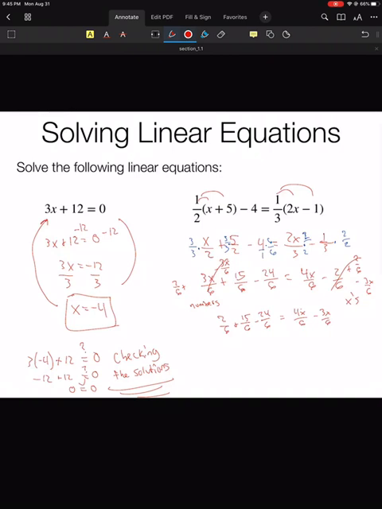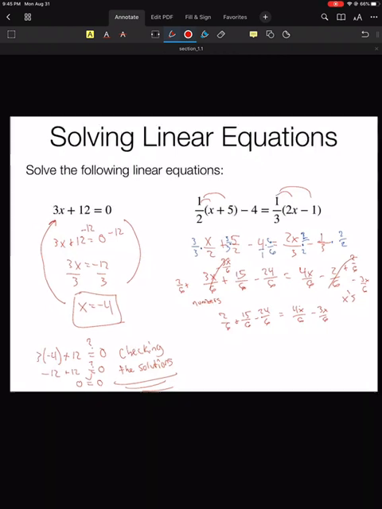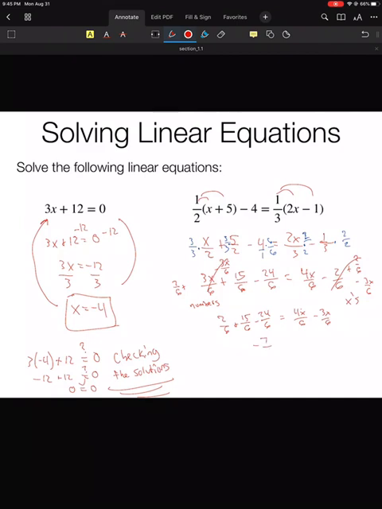Okay, I can now add these fractions together because they have a common denominator and combine like terms. On the left side I have 2 plus 15, which is 17, minus 24, and 17 minus 24 is negative 7. So I have negative 7/6. And on the right side I have 4x minus 3x, that is 1x over 6.